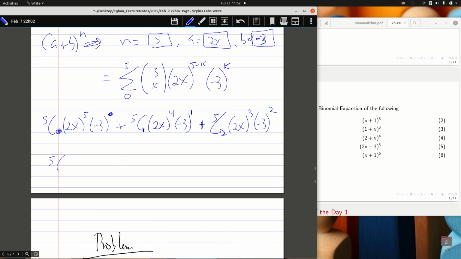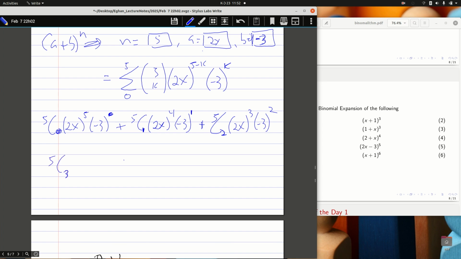Don't forget k is running from 0 to what? 5, please. So 2x would decrease to 2. Negative 3 will increase to 3. Plus 5 combination 4. My 2x now reduces to 1. Negative 3 would increase to 4. And then the last term is 5 combination 5. 2x reduces to 0. Negative 3 increases to 5.